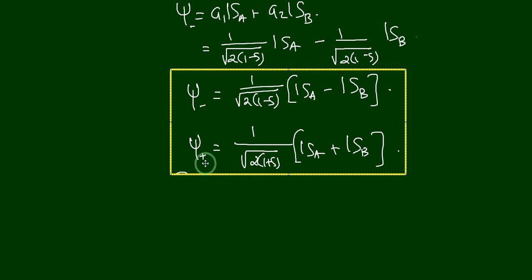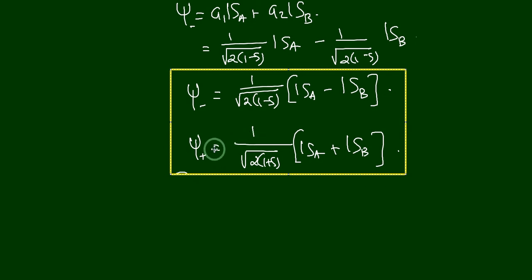And we know that in the case of psi plus, the energy corresponding to that is E plus, which leads to a minimum. And in the case of psi minus, the energy E minus is always higher than that of the atomic orbital energy. So we can assume that one orbital corresponds to bonding and the other corresponds to anti-bonding.